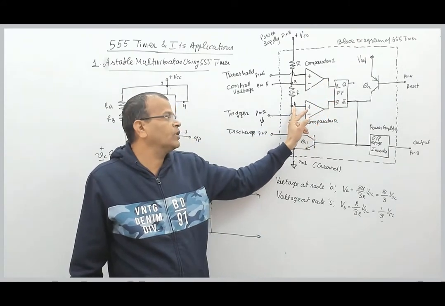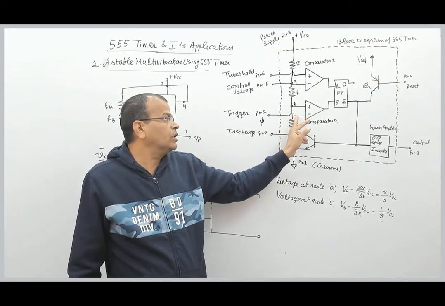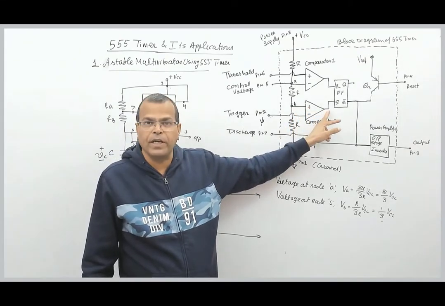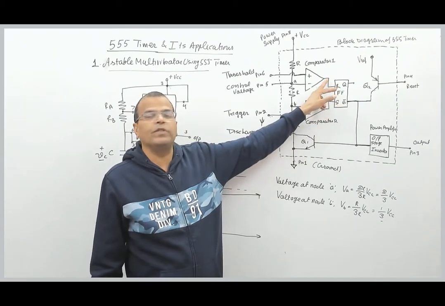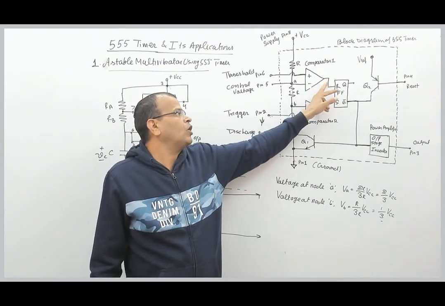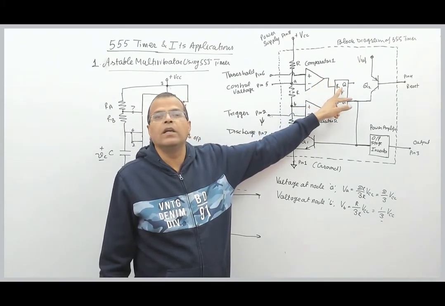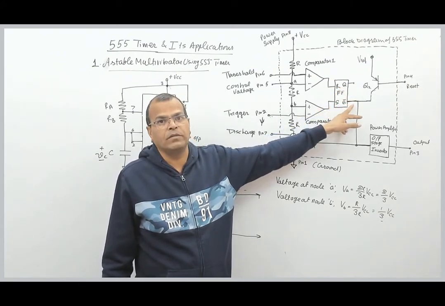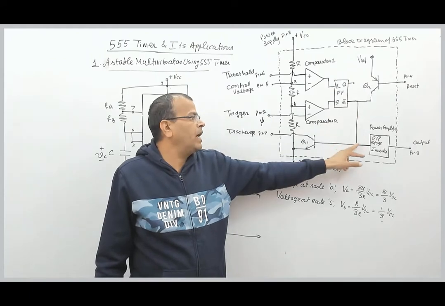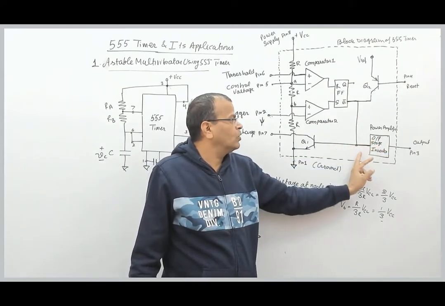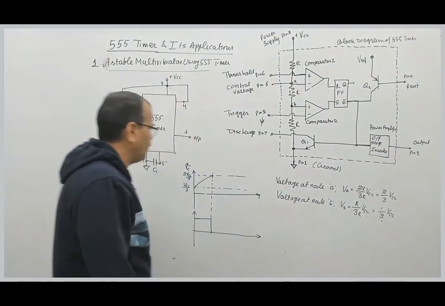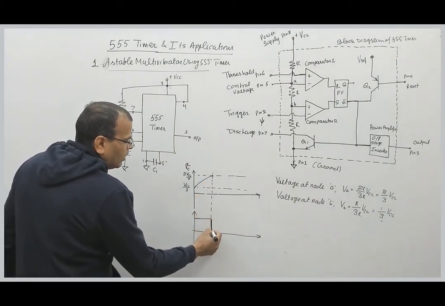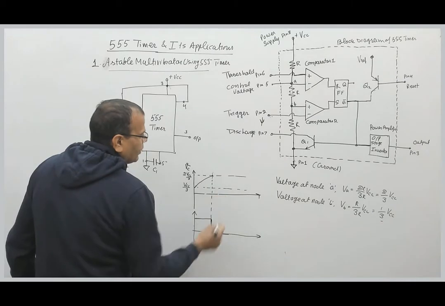Because voltage at this node is VCC by 3, this is 2 VCC by 3, so this voltage is more than this, so output of this comparator is low, output of this comparator is high. The moment output of this comparator is high, R is high, Q bar becomes high. The moment Q bar is high, this is inverter, so output becomes low. So from this point onward, output of the circuit becomes low, right?